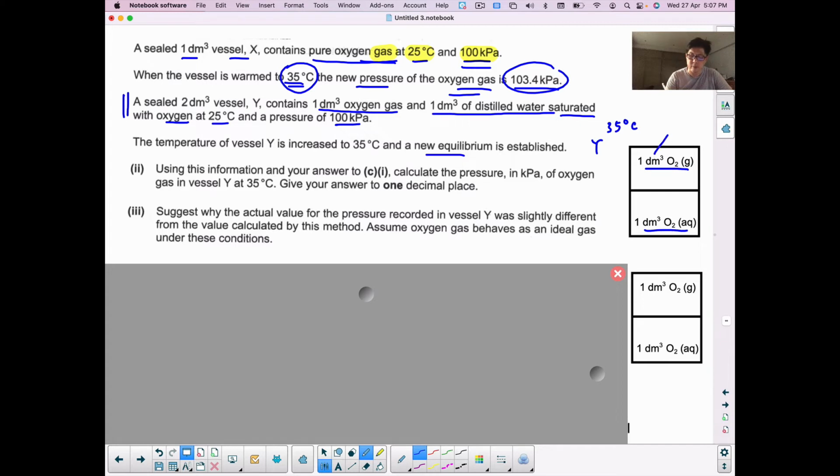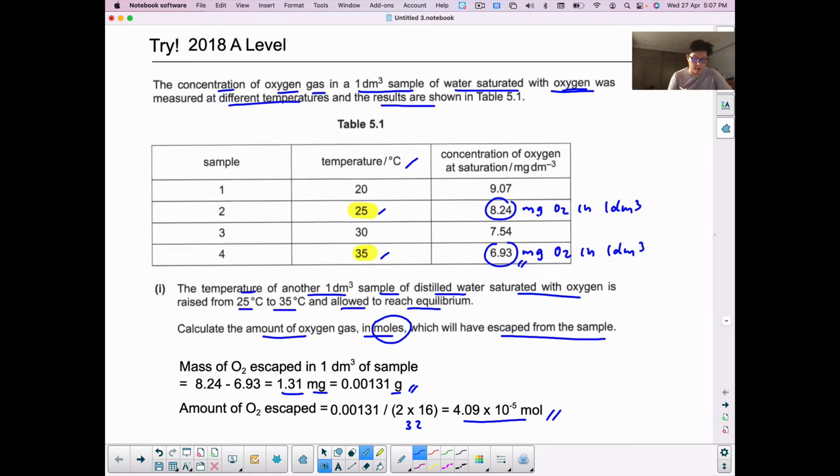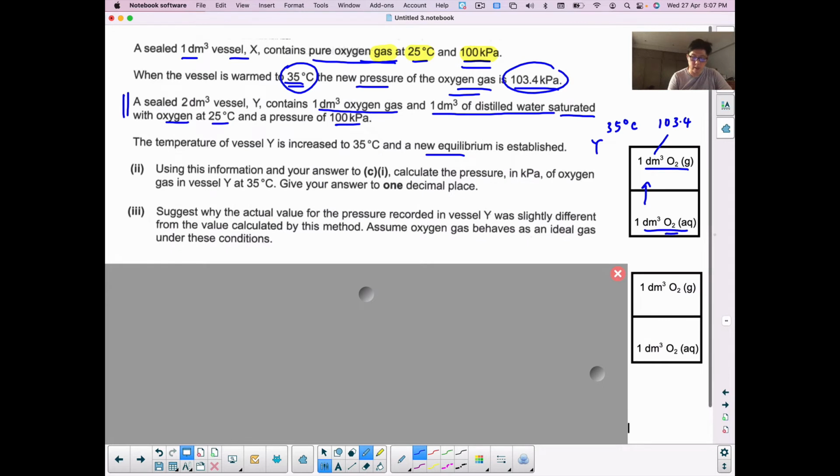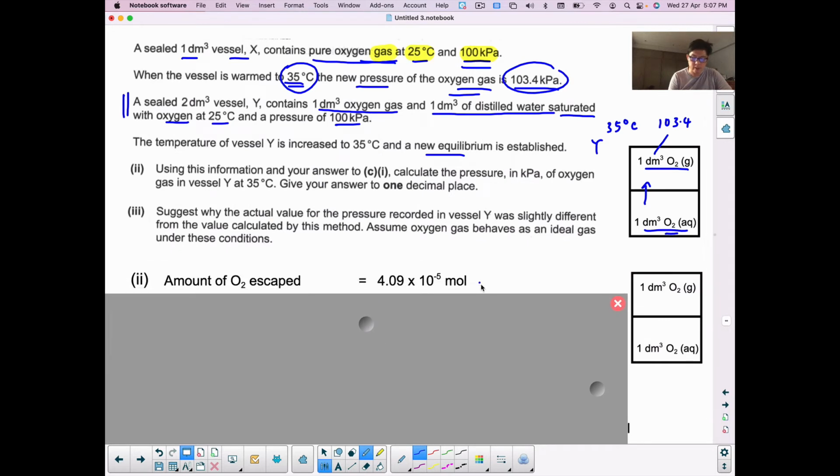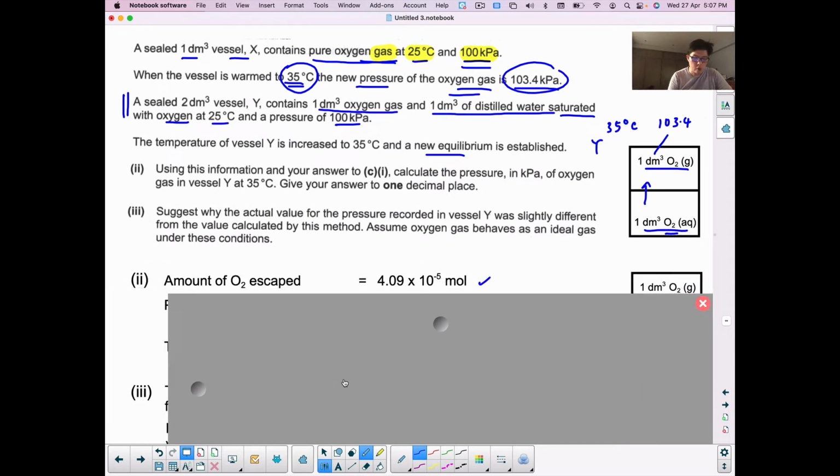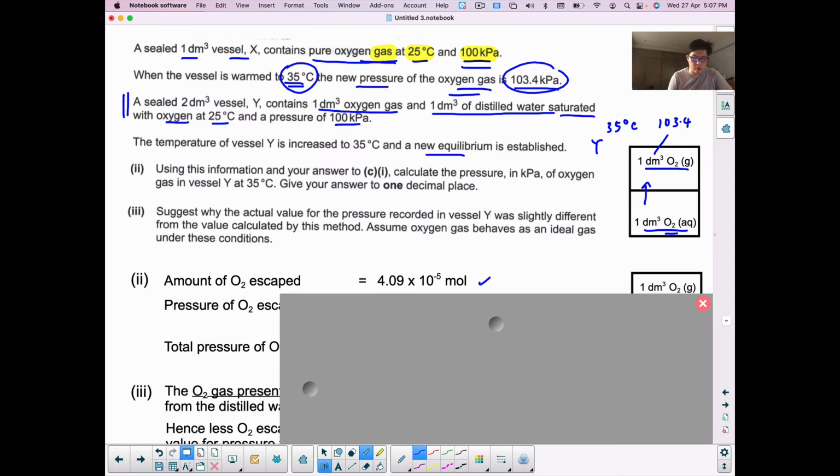But you also must realize that some of the oxygen from the aqueous solution must have escaped. How much escaped? We got it from the previous part, from part 1. When you increase from 25 to 35, some oxygen gas escapes, so you can copy this from part 1. This is the number of moles. So what's the pressure of the oxygen that escaped?